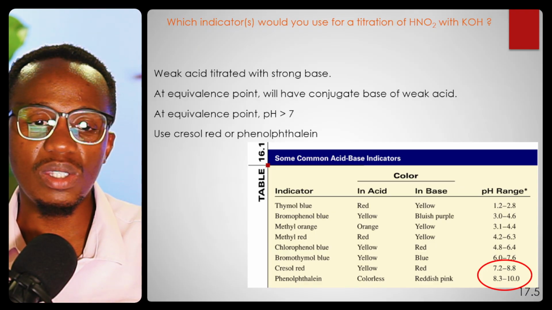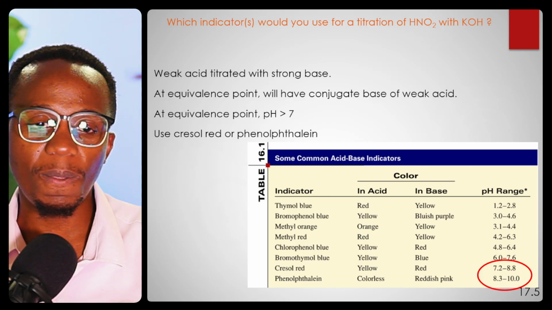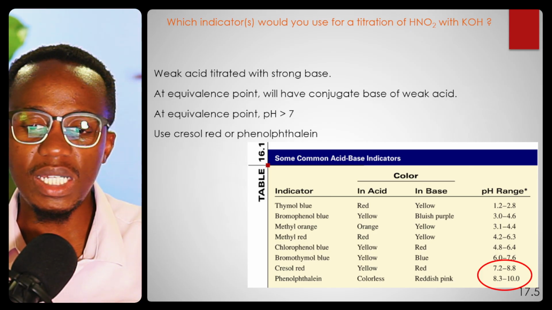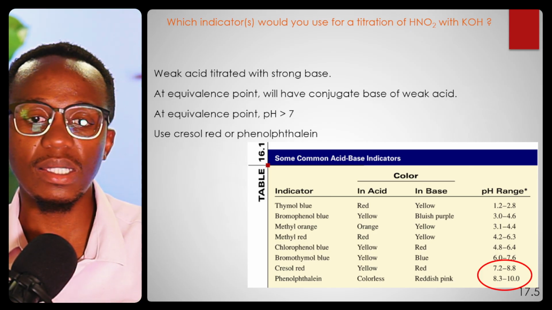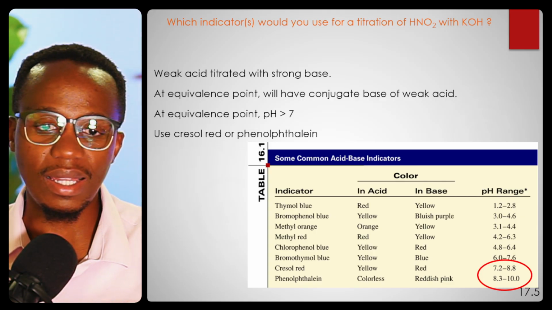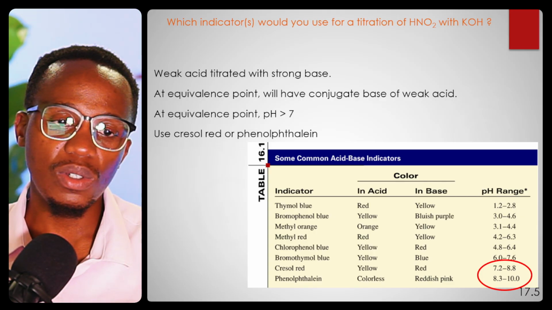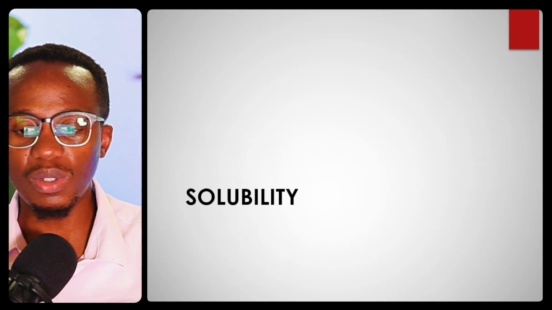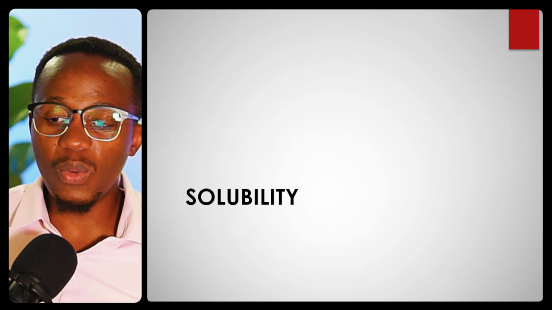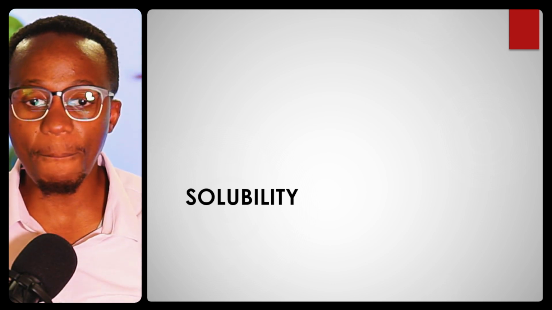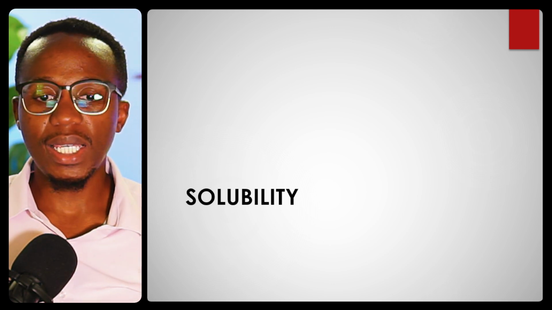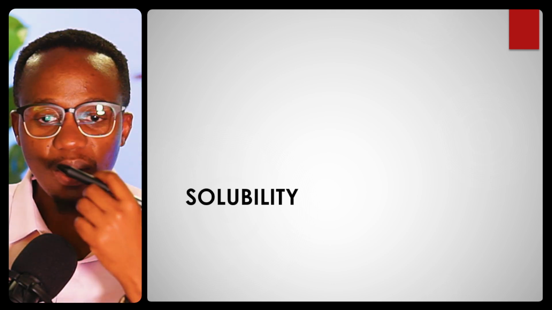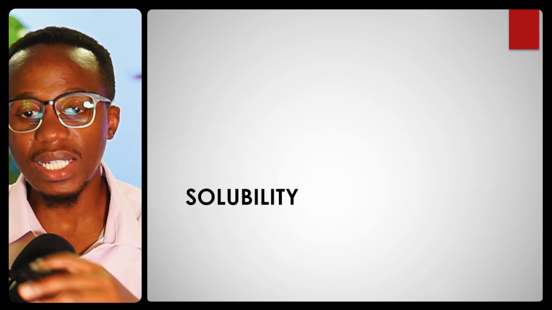So now I'm going to talk about something equally important but different from acids and bases, and this is what we call solubility. We did talk a little bit about solubility before, but now we are adding numbers to it, right? We said things are soluble in water, insoluble in water, they can dissolve, they cannot dissolve, and things like that.